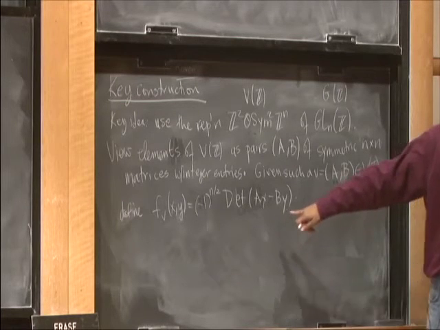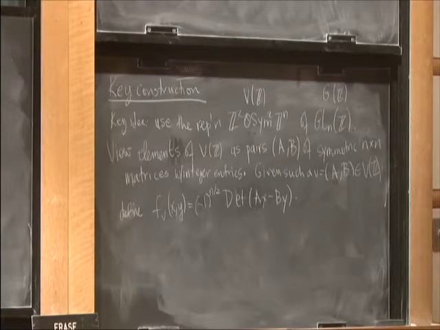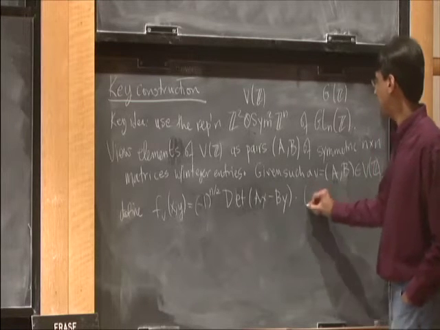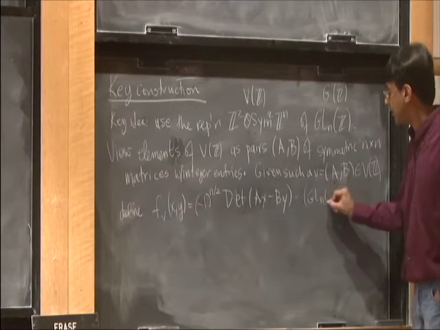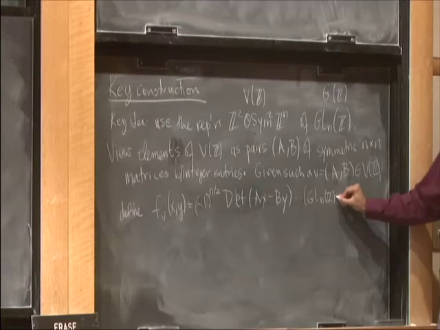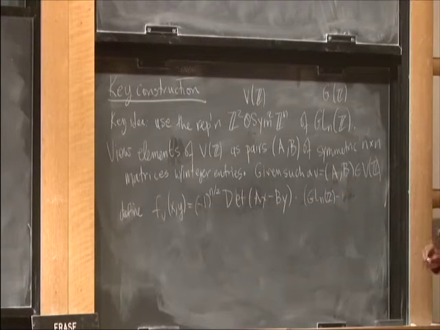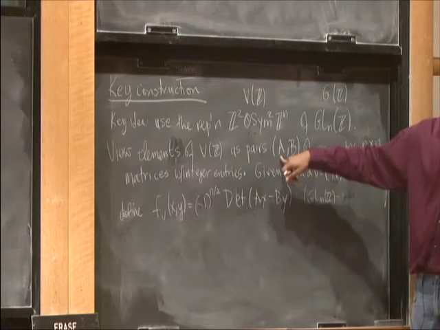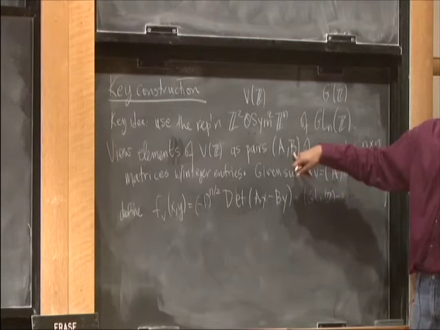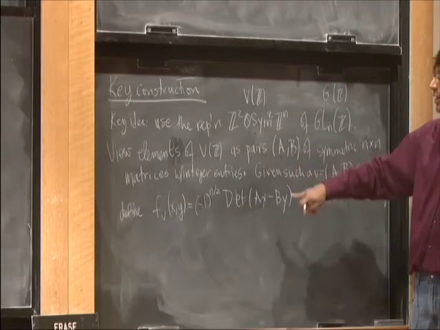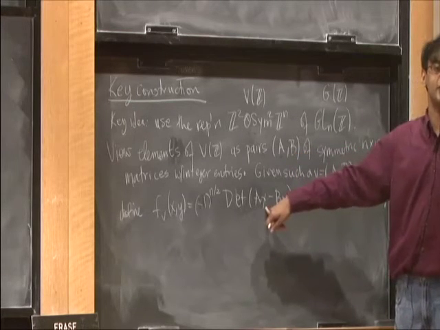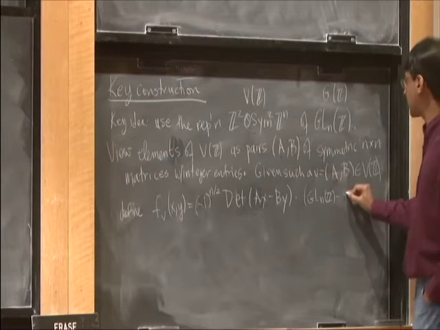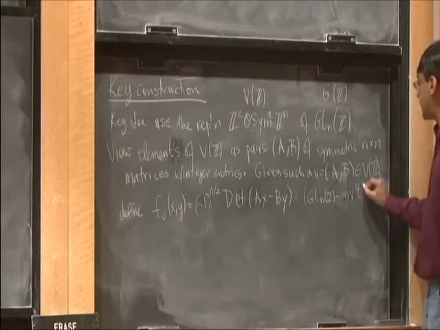Because the determinant is degree n on n by n matrices. And the point is that it's GL_n(Z) invariant, because the way GL_n(Z) acts, it replaces A by gAg transpose and simultaneously replaces B by gBg transpose. So this determinant will stay the same because GL_n is acting on both A and B simultaneously. So this is a GL_n(Z) invariant.